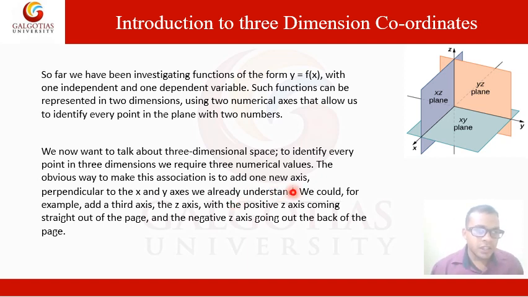So in that case we could, for example, add the third axis, the z-axis, with the positive axis coming straight out of the page, which I showed you practically by my hand, and the negative axes are behind your positive x-axis. Similarly, I can show it here. This is your x-axis, this is your y-axis, and this is your z-axis. Everything behind is the negative axes.